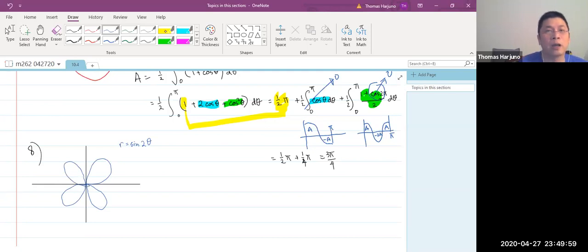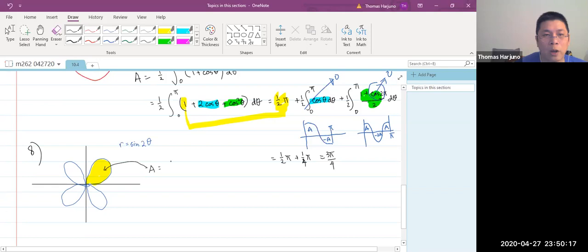What we need to find is the area here, the area of one leaf. So the area of that one leaf will be 1/2 integral of sine squared 2 theta d theta. Again, I hope you realize that the issue is with the limit of integration.